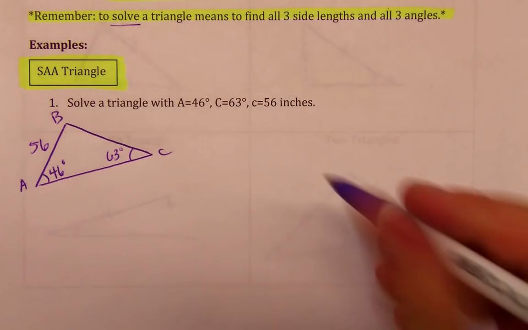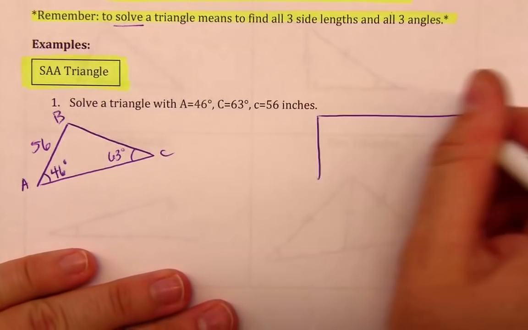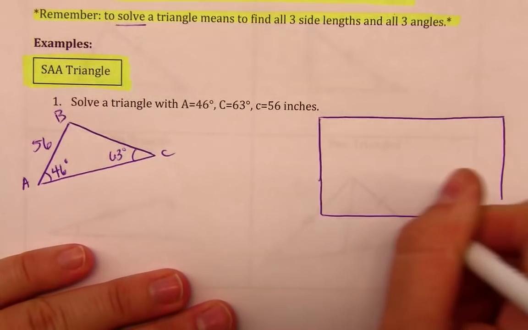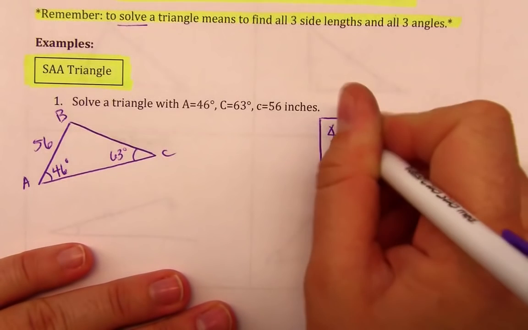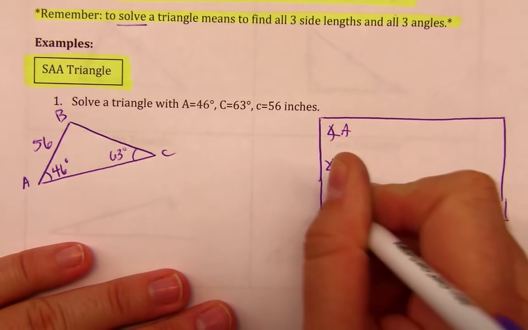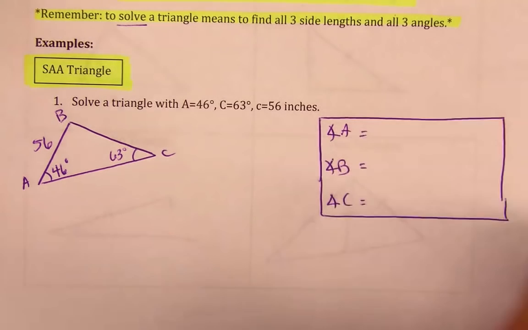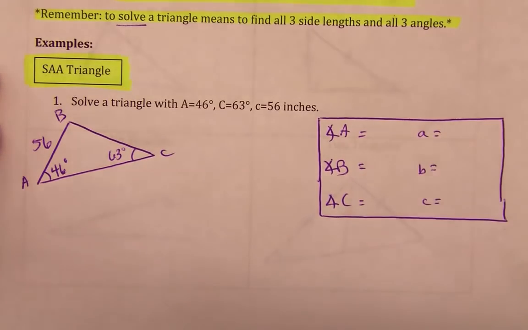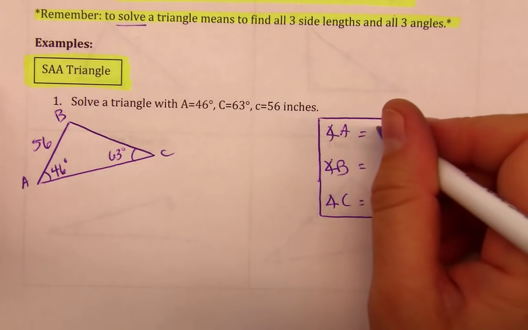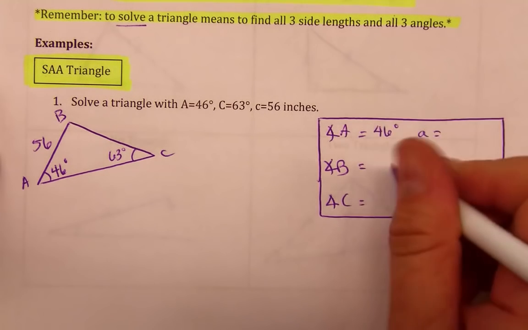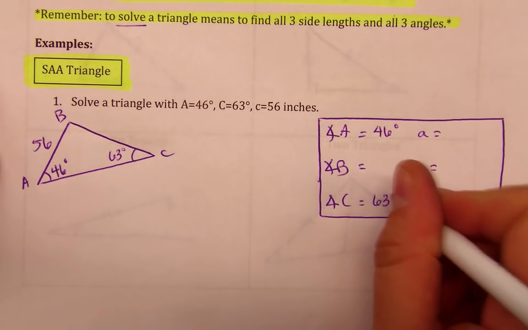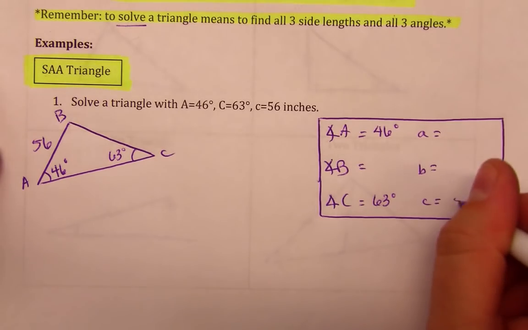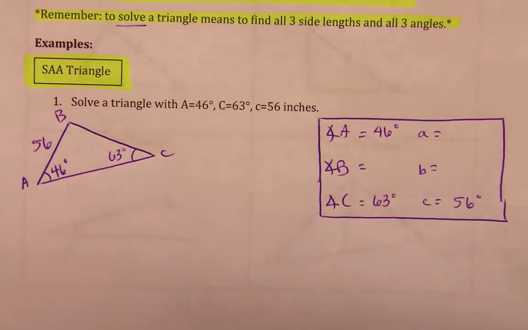Okay, so we're going to set up our box first, and we have angle A, angle B, angle C, and side A, side B, and side C. And angle A is 46, as we already know, and C is 63, and side C is 56. Oops, not degrees, but inches.